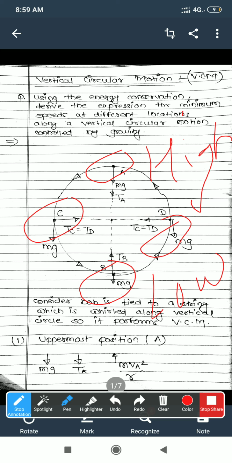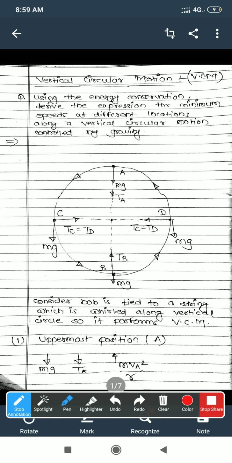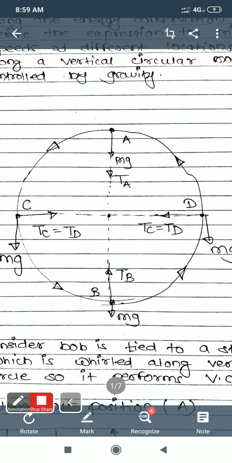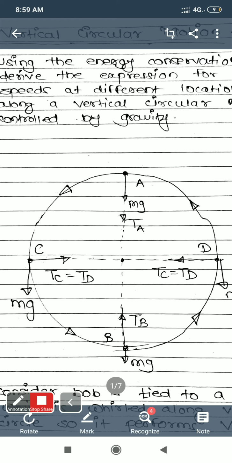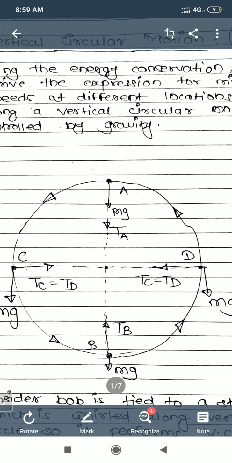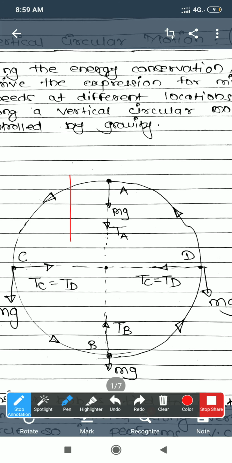Now consider the forces acting on various points. First we will consider the upper point, A point. Here at A point there are two forces acting. Of course, the weight of the bucket or the particle acts vertically downward, mg in the downward direction.